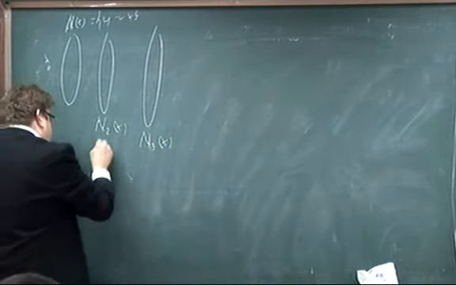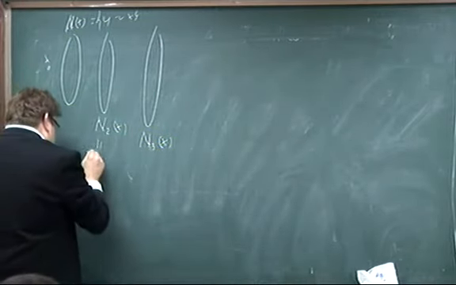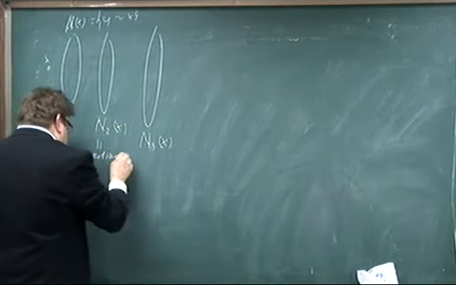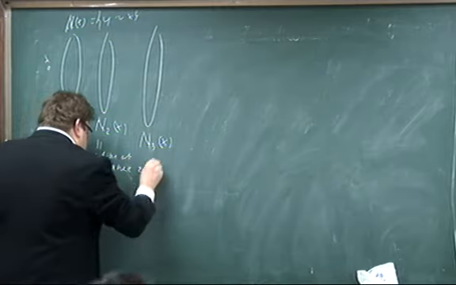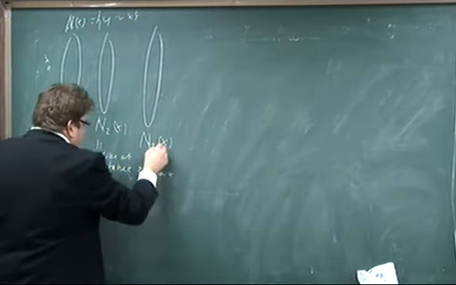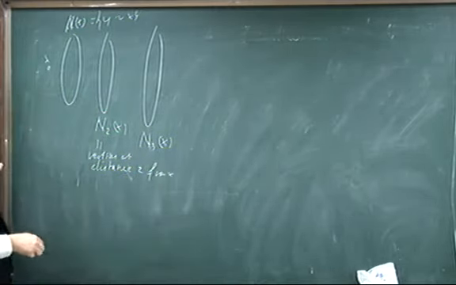So this means the vertices at distance 2 from x, and this is clearly distance 3.